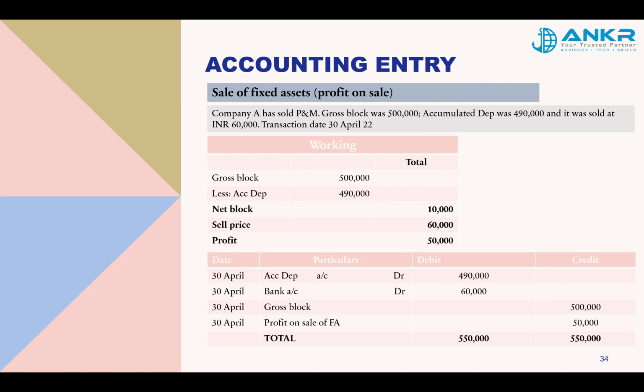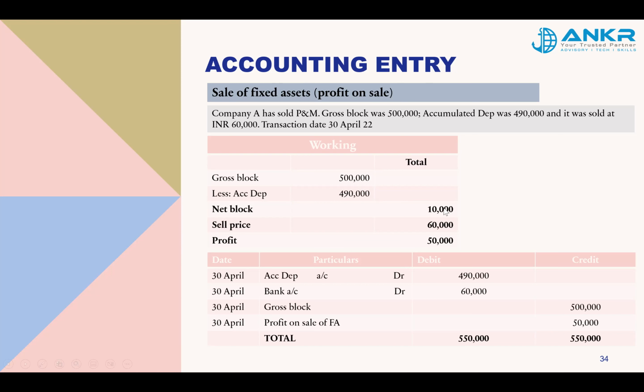We have to do the accounting for this. So how will we do it? Very simple. Let's first arrive at whether there is a profit or loss. So gross block is 5,00,000. Accumulated depreciation means how much depreciation we have already charged. 4,90,000 has already got into P&L as a cost. So what is the net block? 10,000.